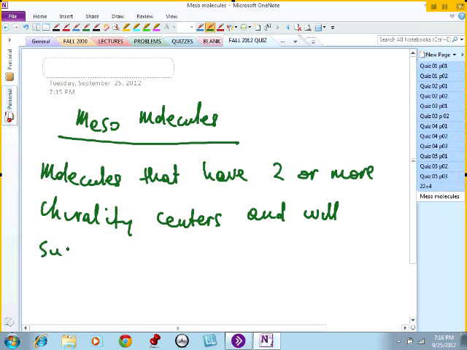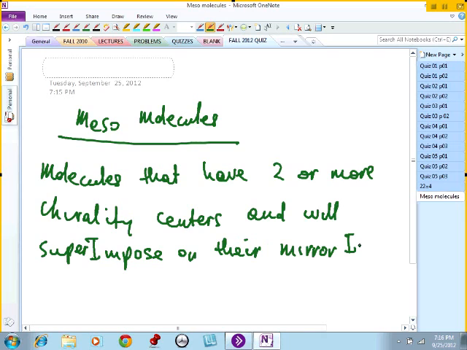Those types of molecules are referred to as meso molecules.